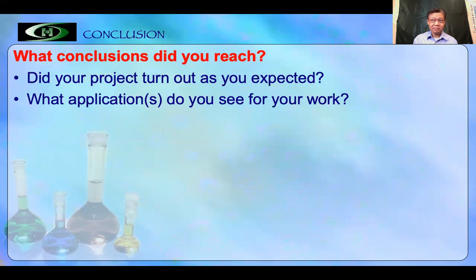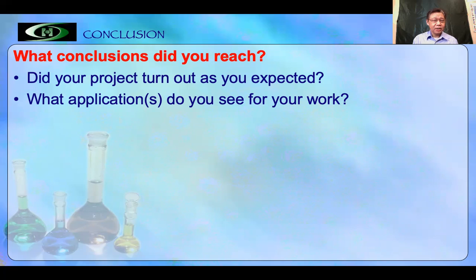After that, of course, you're just going to state your conclusion. Nothing new here, except that your conclusion is geared towards whether your engineering goal has met and addressed the engineering problem that you're trying to research on.